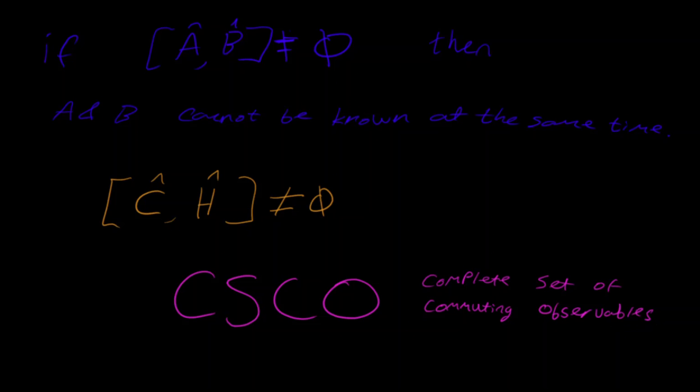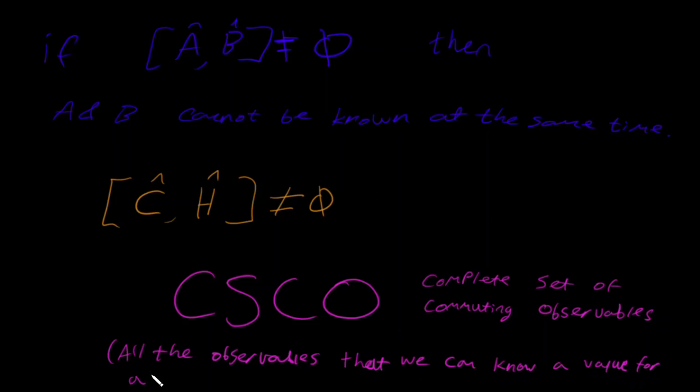So this is all the observables that we can know a value for at the same time.